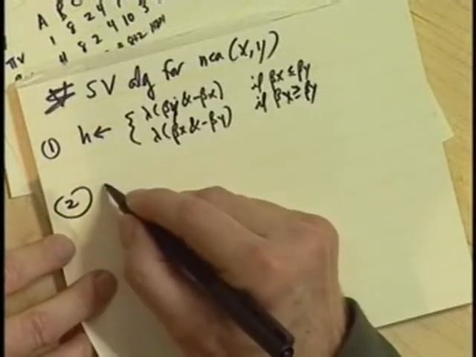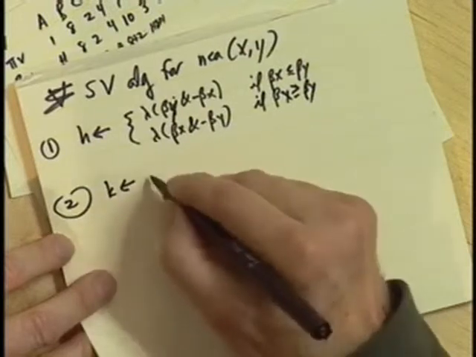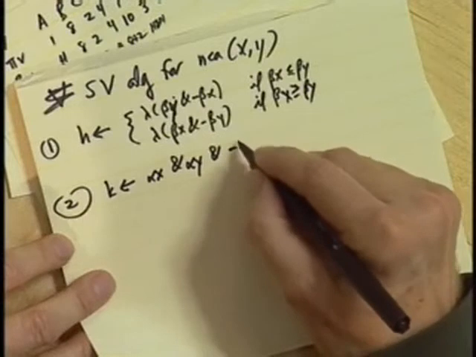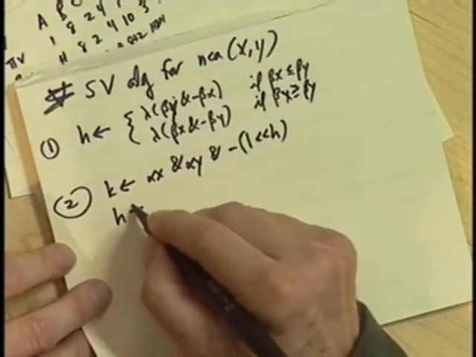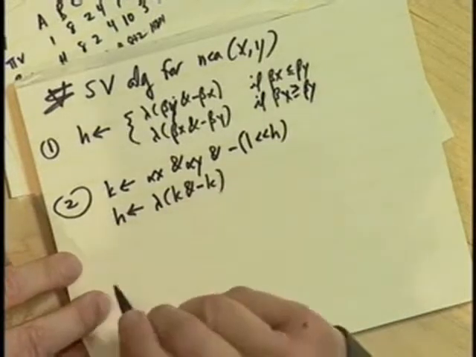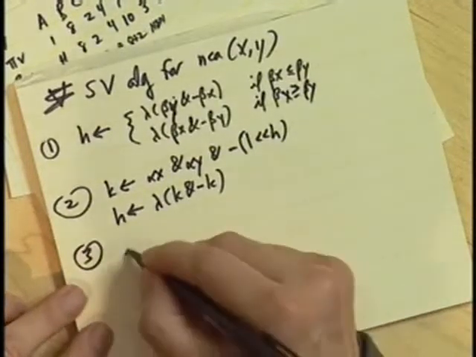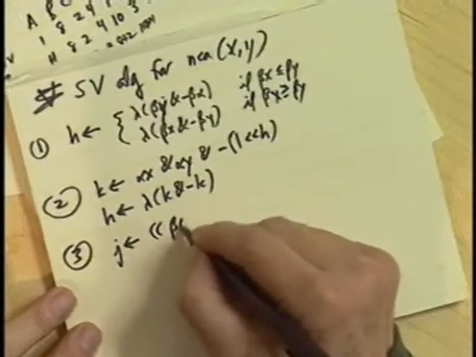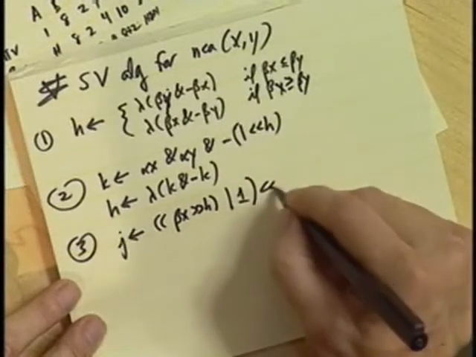Now the next step is we calculate k, and that is alpha x ANDed with alpha y ANDed with minus 1 left shifted h. And then we recalculate h, and we change it to lambda of k ampersand minus k. Step 3, I set j to beta x right shift h or 1 and left shift h.